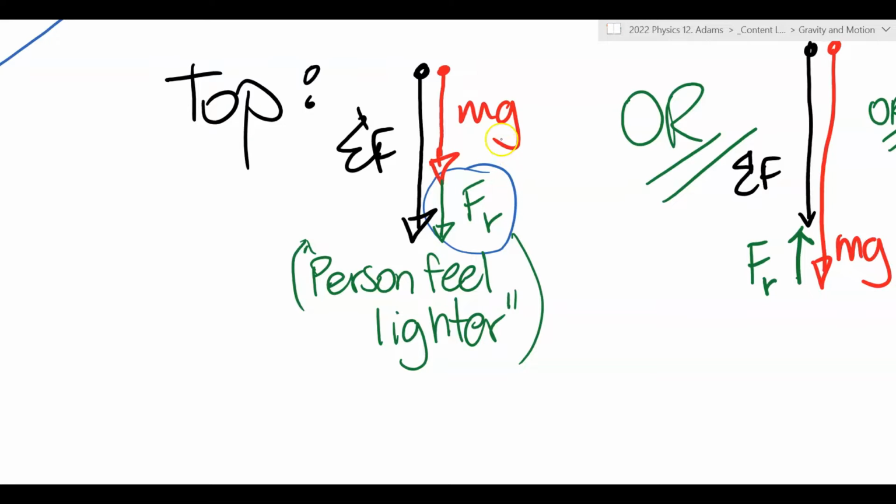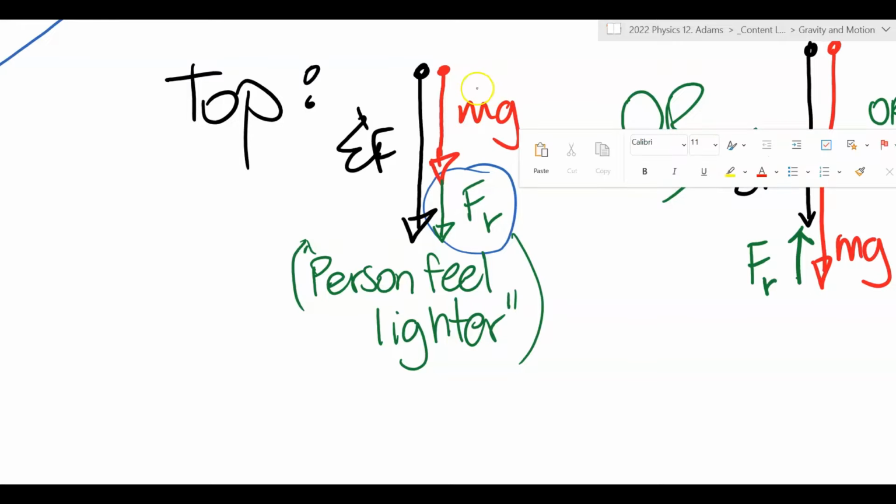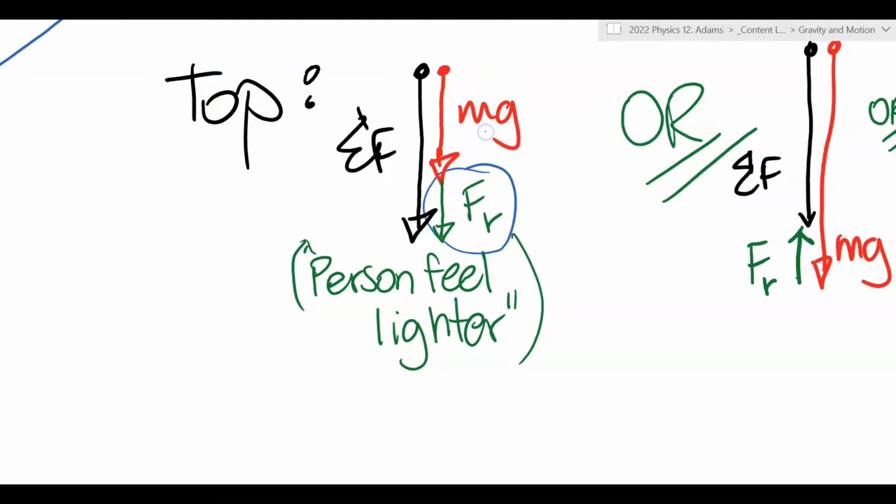So, in the first instance, where your weight force isn't quite supplying your centripetal force, you need to have some sort of reaction downwards. The person feels lighter. Okay? And if that reaction force wasn't there, they would lift off and no longer be going in a circle. So if they were at the top of a roller coaster, they would leave the roller coaster and become a projectile.